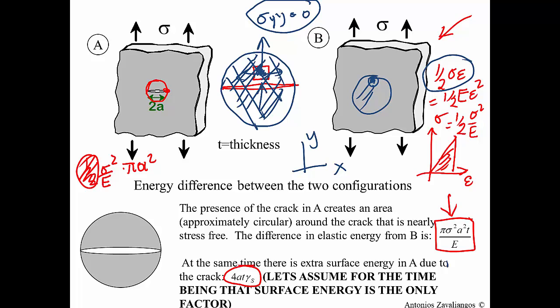It is actually 2a, times T, which is the thickness of the material, times gamma S, which is the surface energy per unit area, times 2, because we have two sides, there are two surfaces that are generated. So this is the energy that needs to be provided by the elastic energy.